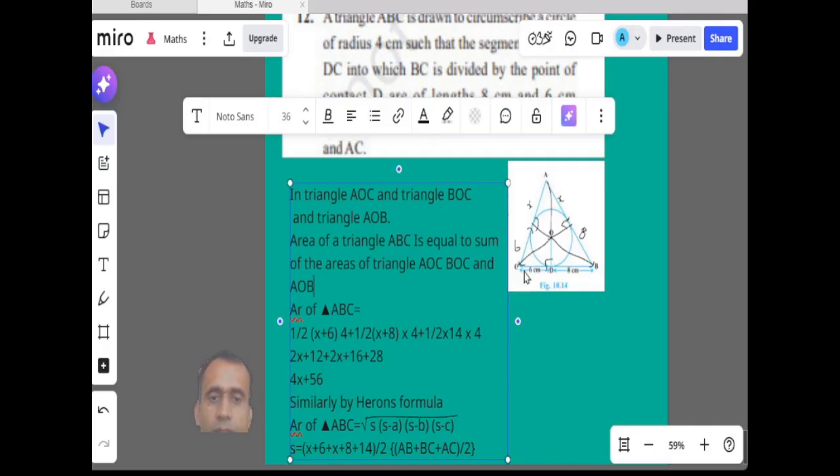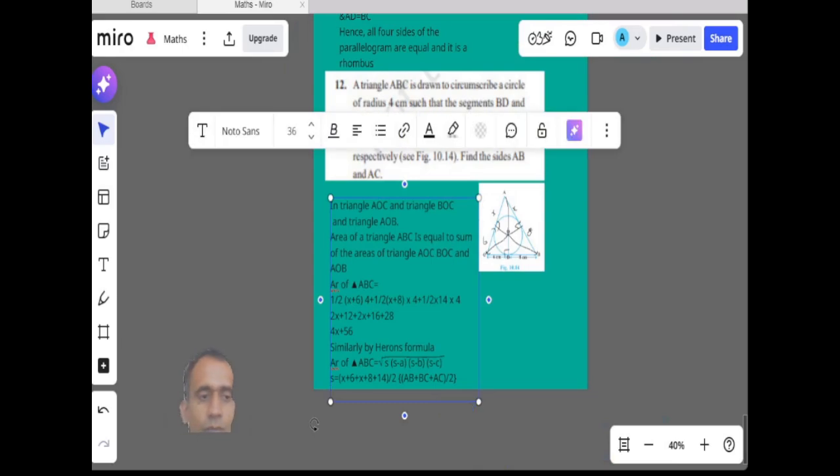AC is x plus 6, AB is x plus 8 and BC is 14. So this side plus this side plus this side divided by 2 is our S. So this comes out to be.